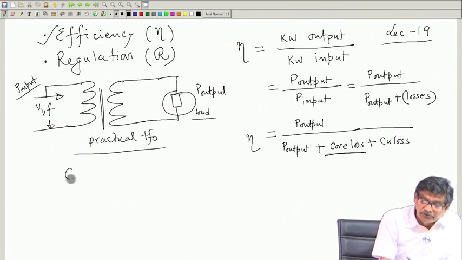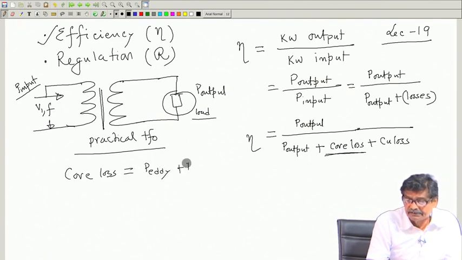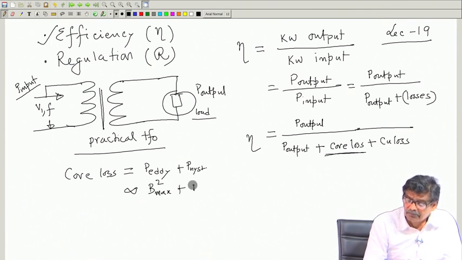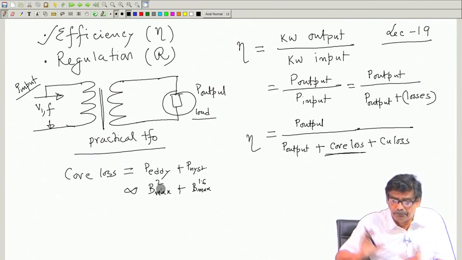What happens to core loss? Core loss, as we know, is P eddy plus P hysteresis, these two things, and it depends on B max. B max square for this one, and this other one is also B max raised to some power, or in terms of area, it will be proportional to B max.